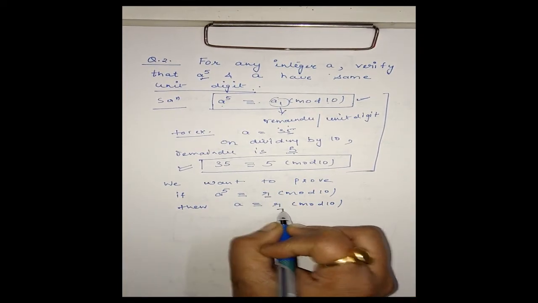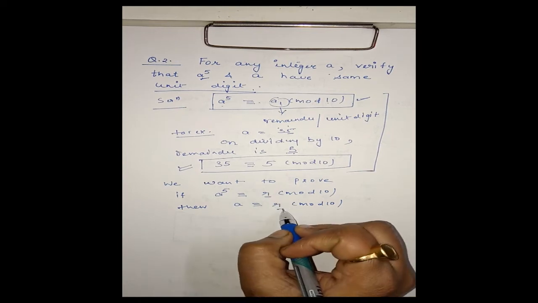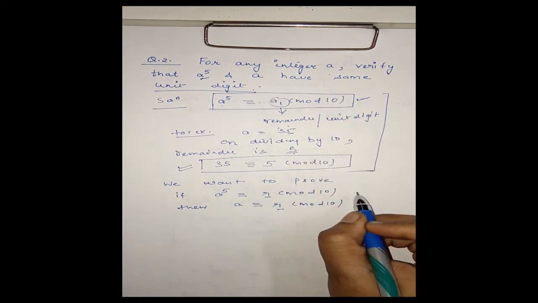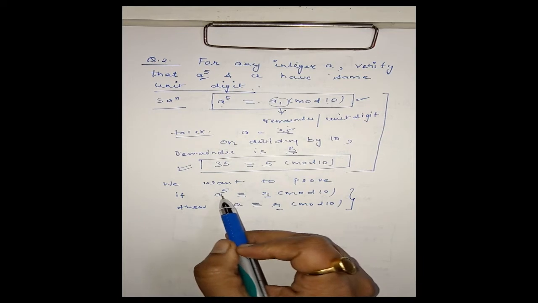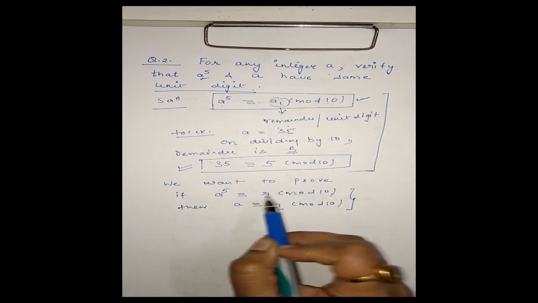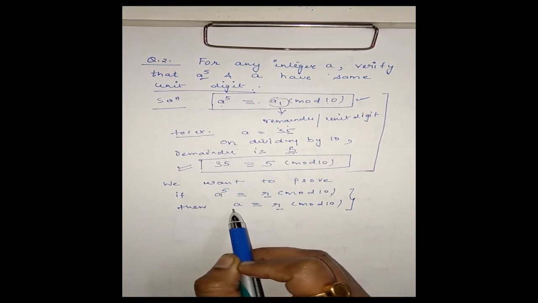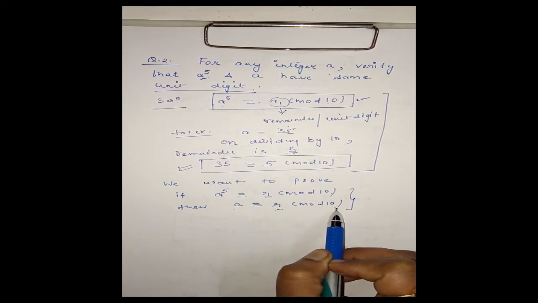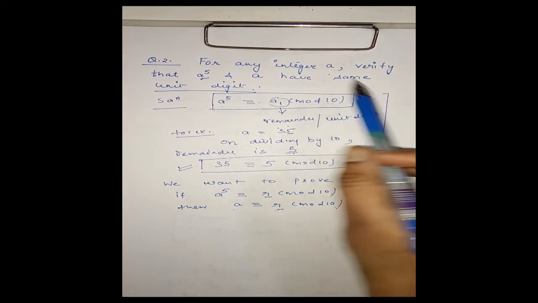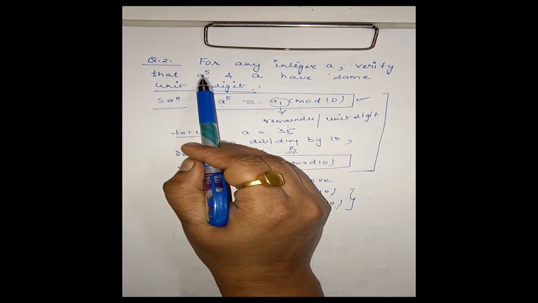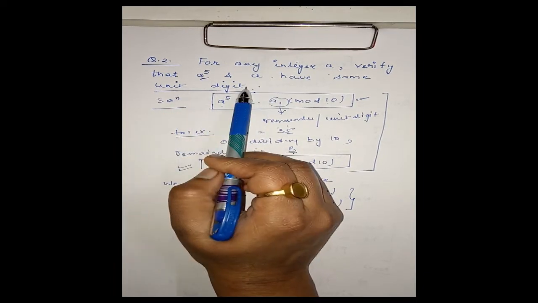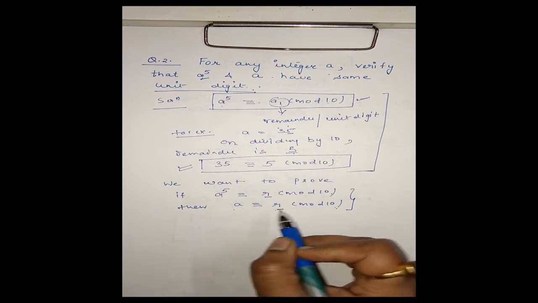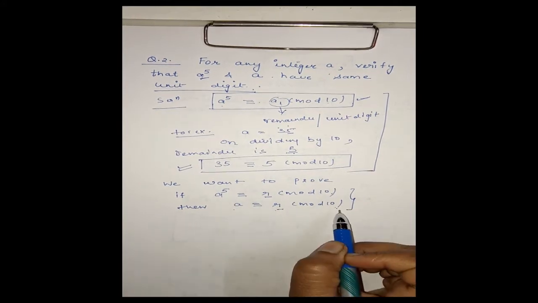Then only this remainder will be the unit digit and same unit digit. That we have to prove. If a^5, on dividing by 10, gives the remainder r, then a should also give remainder r on dividing by 10. Clear? That we have to prove in order to prove that a power 5 and a have the same unit digit.